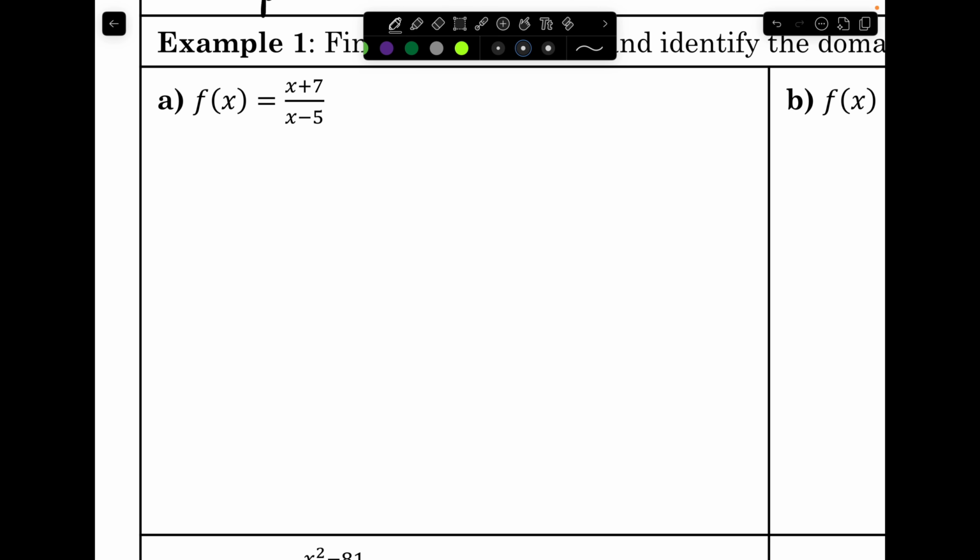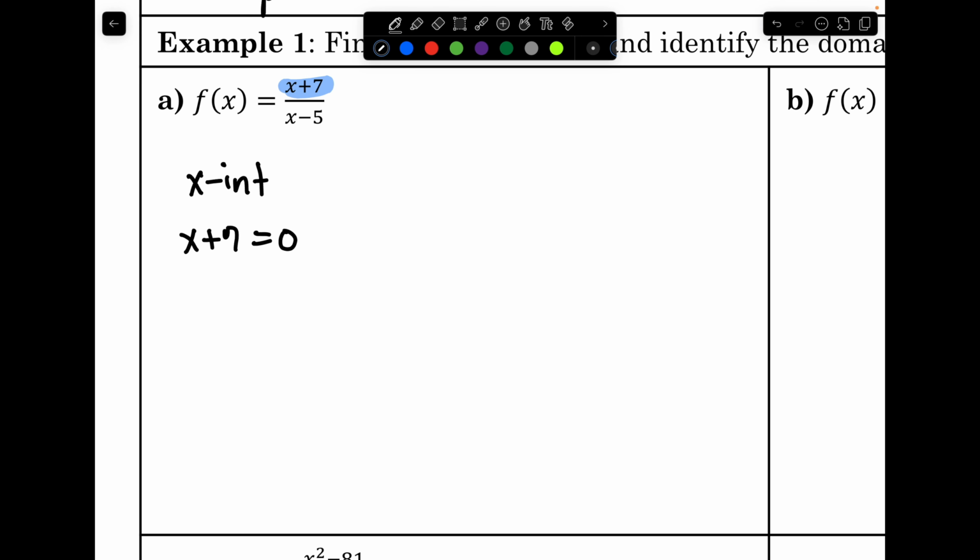Let's find both the x-intercept and the domain for this rational function. So let's start off with the x-intercept. To identify the x-intercept, we're simply going to get our numerator, which is x plus 7, and set it equal to 0.